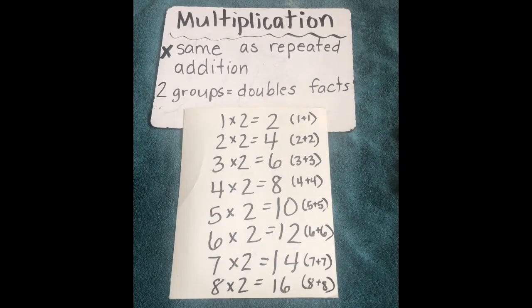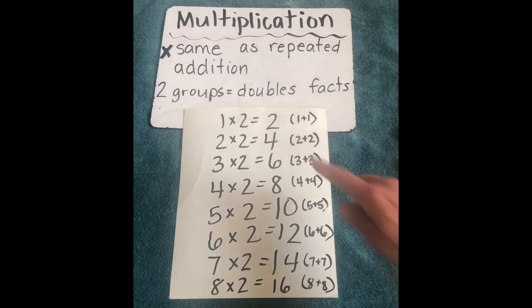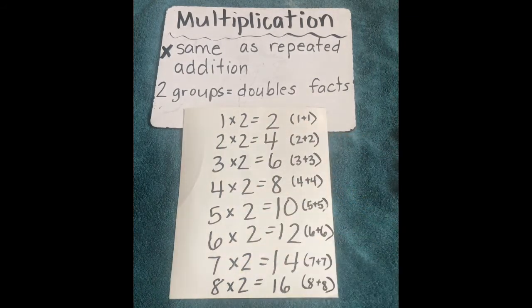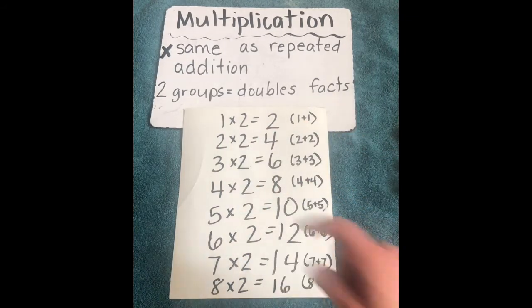So today we learned that multiplication is the same as repeated addition, and we saw that 2 groups is the same as doubles facts. Since we had our two-part sorting mat and 2 sections, we looked at each one in 2 sections. So times 2, you can see all of my multiplication problems or sentences that I have written out here are times 2.